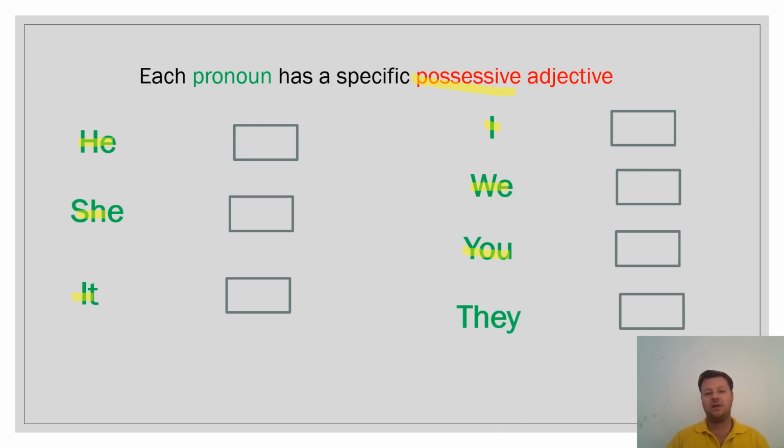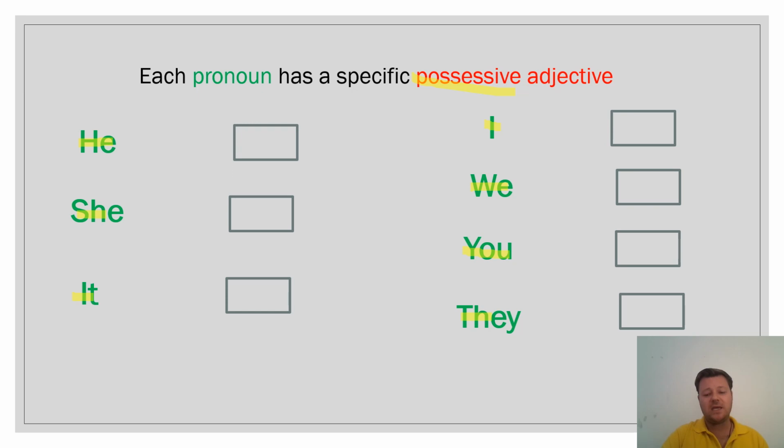And one more. They. They is more than one person. So I want you to use your finger and say, they. We're going to use they when we talk about more than one person.